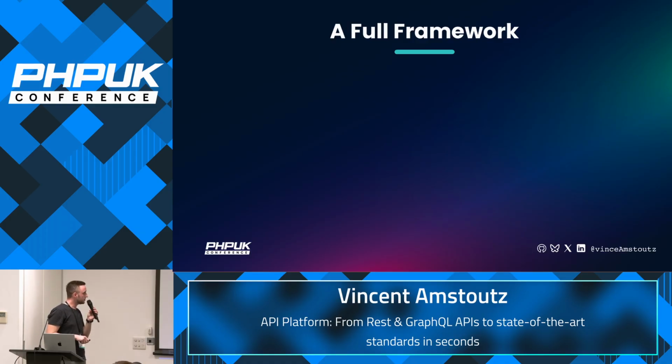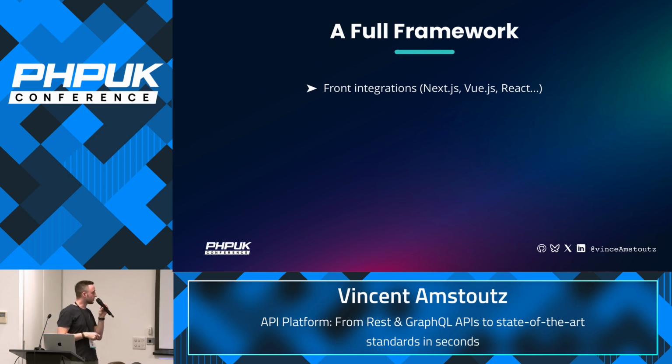API Platform is a full framework. You can use it as Symfony by requiring some components, but you also have a distribution named API Platform distribution. In this distribution, you have several front-end integrations such as Next, Vue, React, and more.